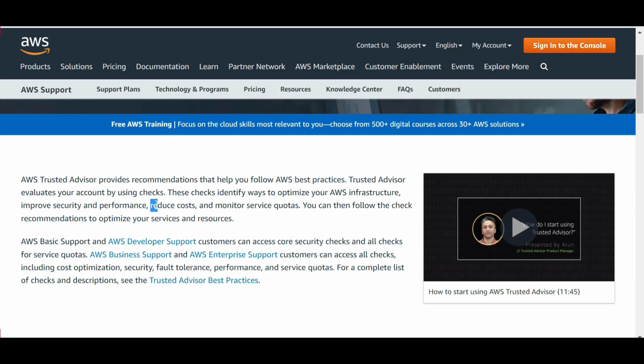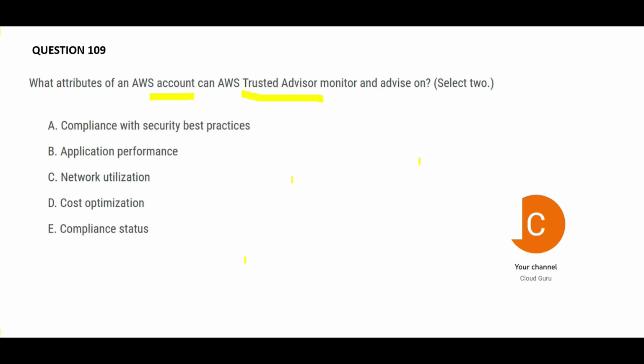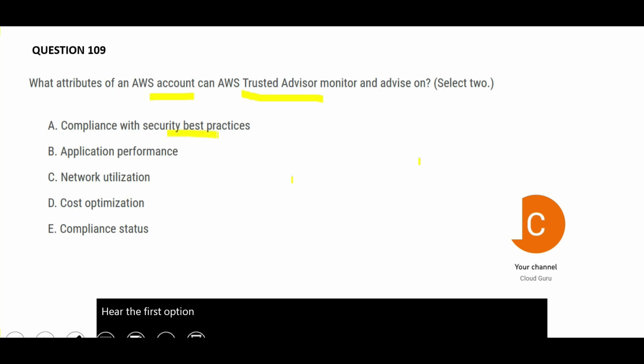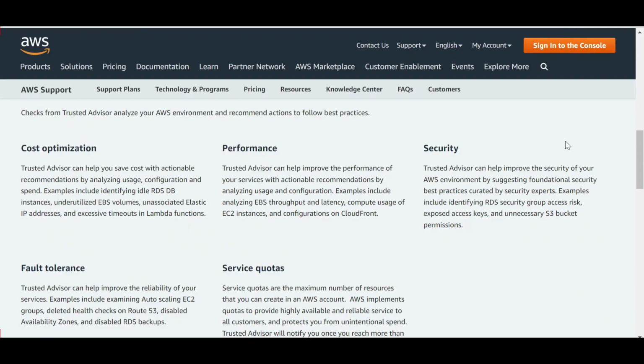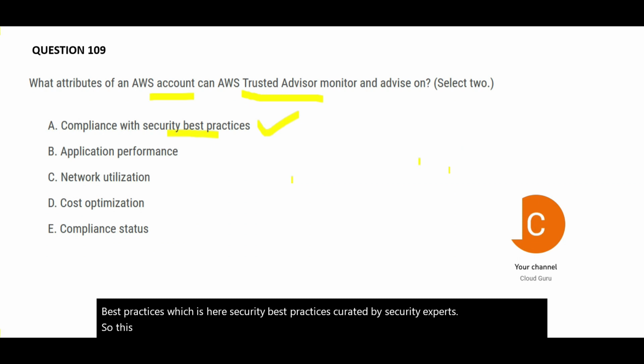It will advise you how to reduce costs. It will also monitor your service quotas. Here, the first option is compliance with security best practices, which is here: security best practices curated by security experts. So this is one answer. We need to select two answers.